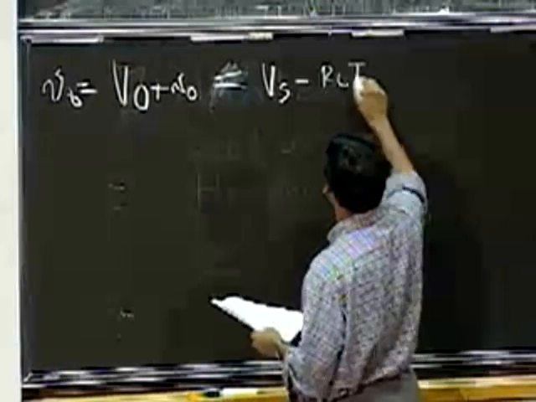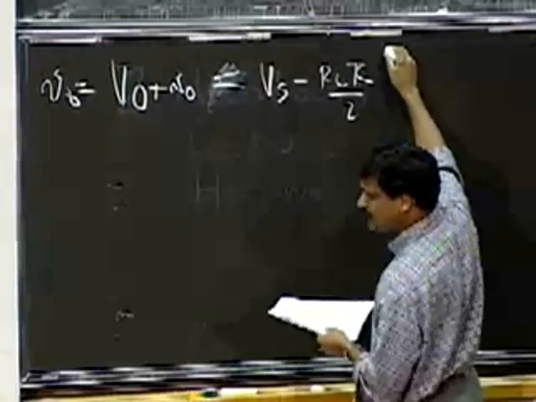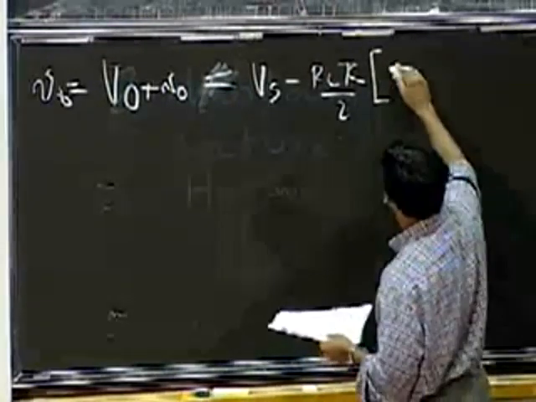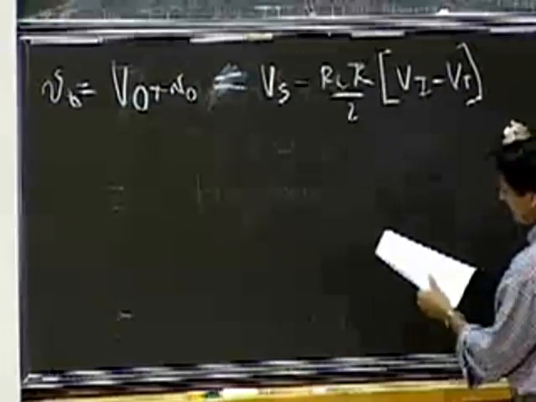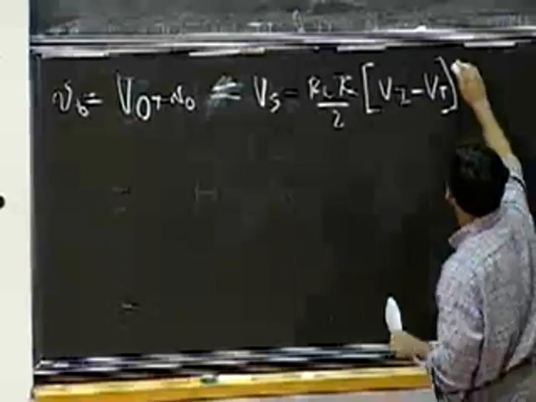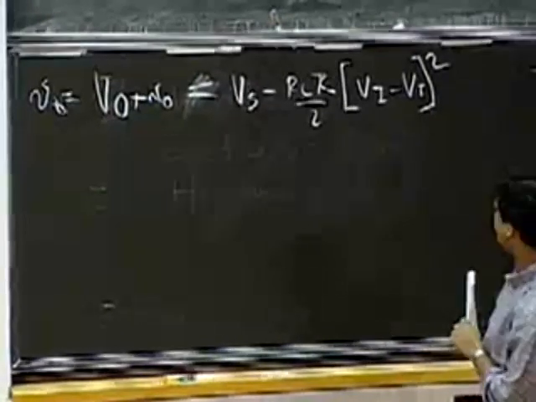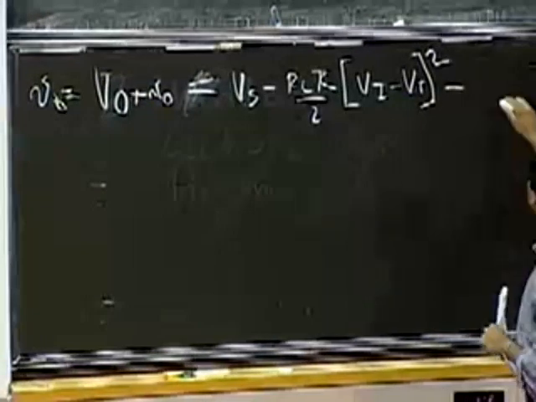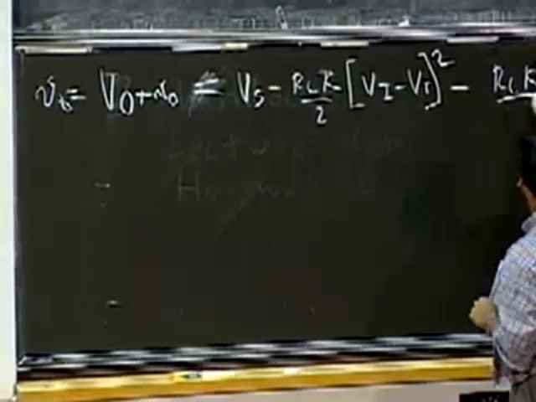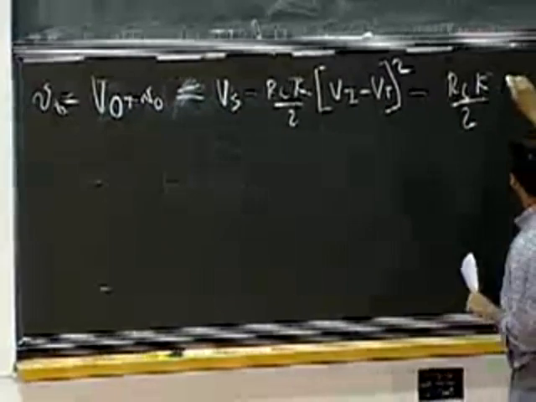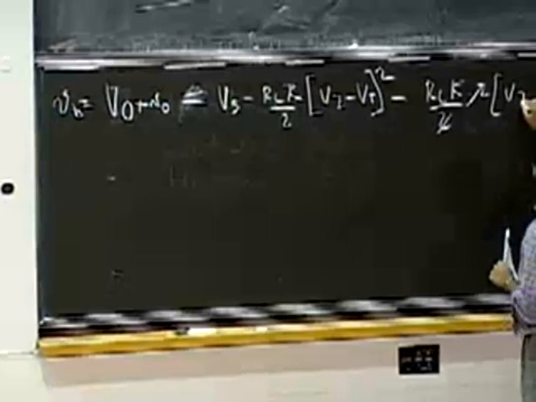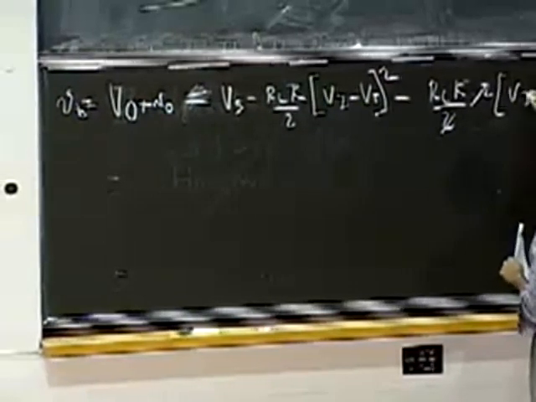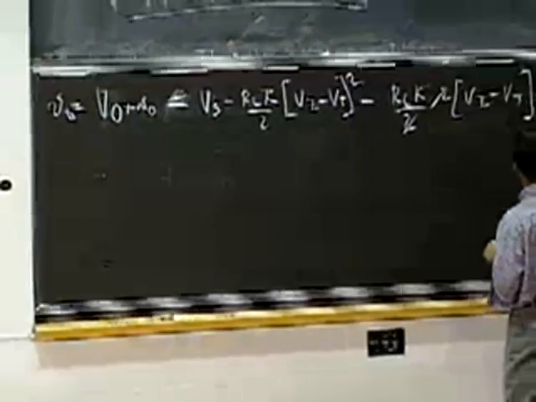Minus RL K divided by 2, (Vi minus Vt) whole squared. And I get a minus RL K divided by 2, I get a 2 here, and I get Vi minus Vt. I won't forget the small vi this time.